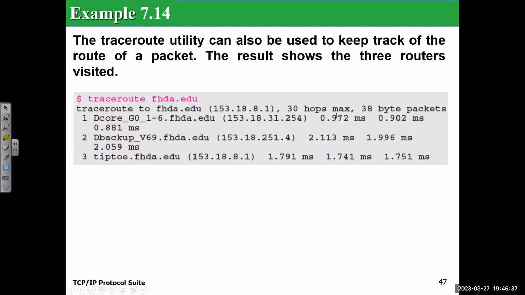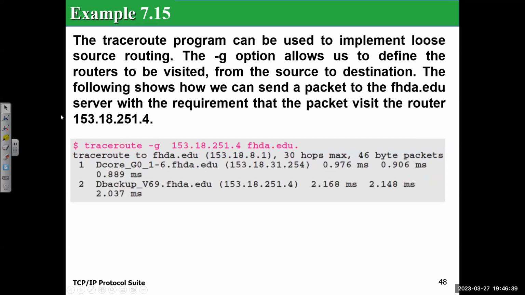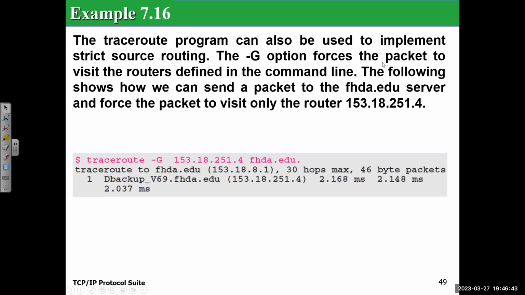The other one, you're required to visit this one, and maybe you go to another one. This one, you can only go through one hop. You cannot go to another hop. You're only allowed to jump one hop. If FHDA is 3 hops from you, you cannot reach it through this command.